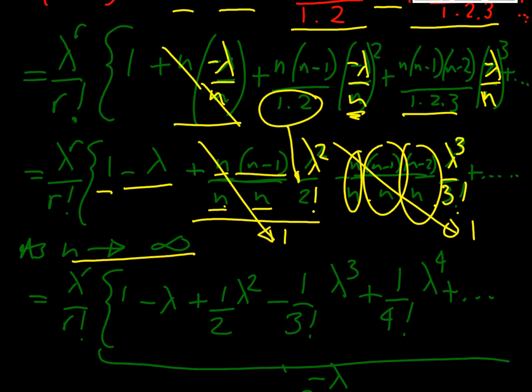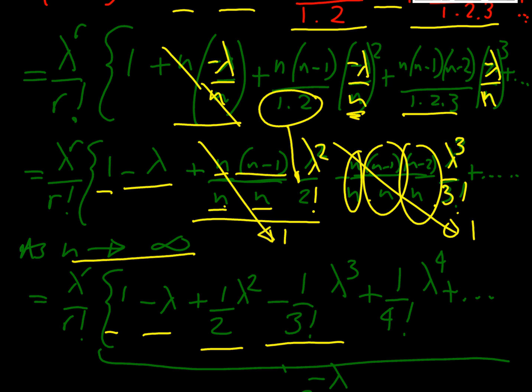So that simplifies our world in that we end up with 1 minus lambda plus a half lambda squared minus 1 over 3 factorial lambda cubed plus 1 over 4 factorial lambda to the 4.